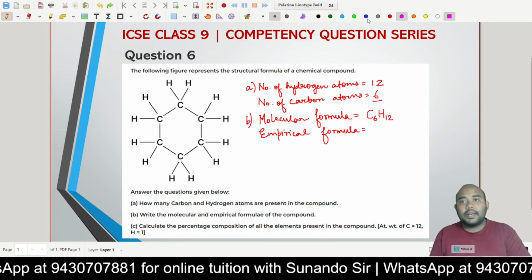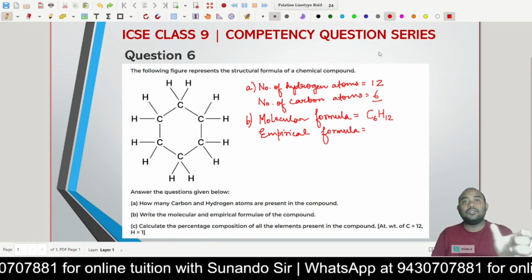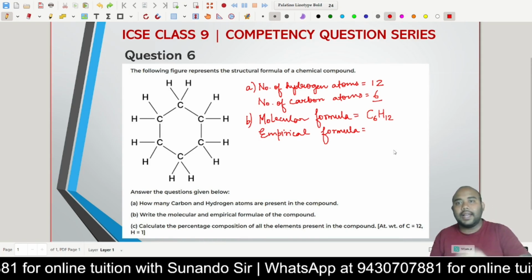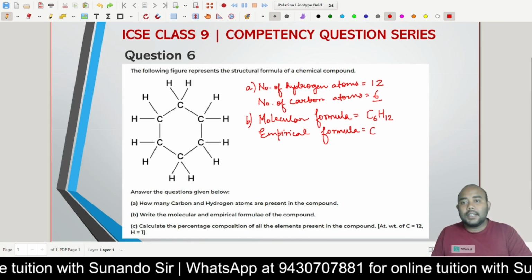So that formula which tells us the simplest ratio of the individual elements is the empirical formula.